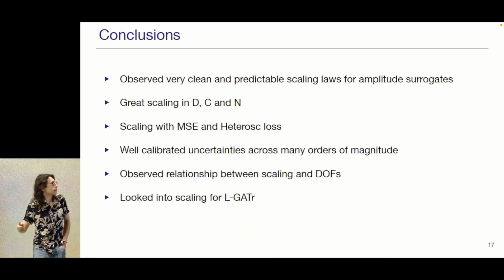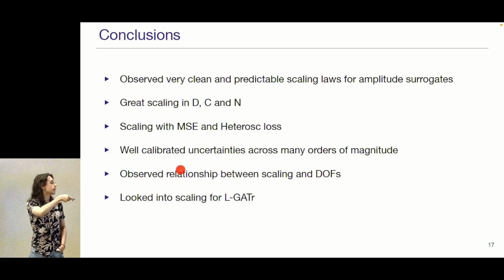So, well, just to finish, we observed very clean and predictable scaling laws for amplitude surrogates. We see scaling on all the 3 parameters that you can vary, the resources you can invest. We saw scaling with MSE loss and with the heteroscedastic loss, and we get well-calibrated uncertainties across many orders of magnitude and a good scaling behavior on the uncertainties as well, which is nice.